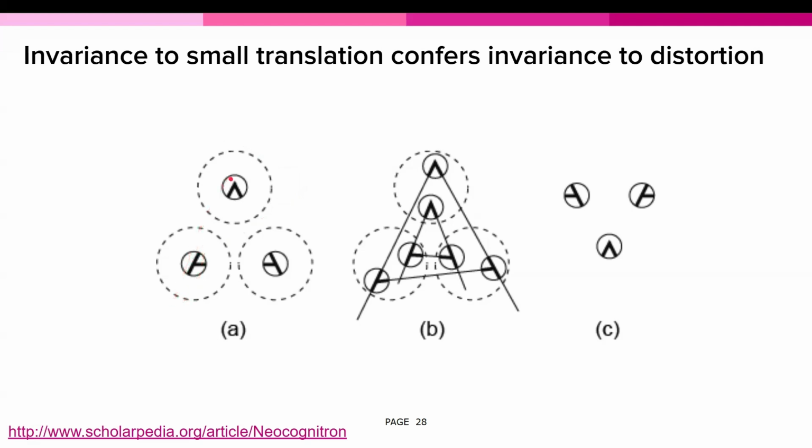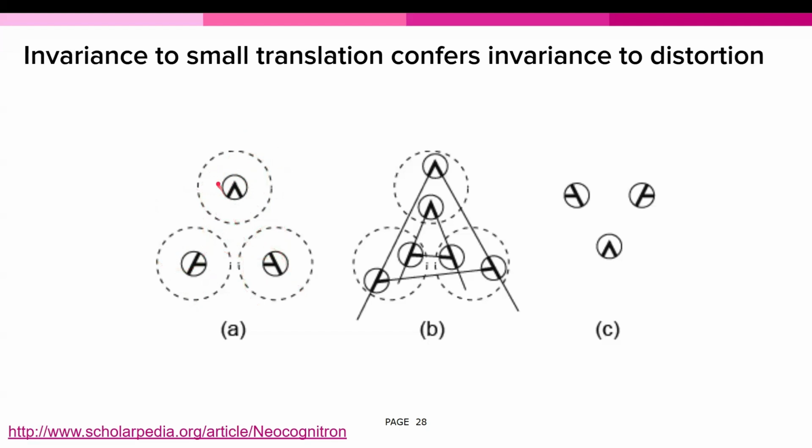So for example, if we had an intermediate S cell that had been trained to recognize a specific pattern composed of three local features that are constituents of an input pattern corresponding to the letter A. These dotted circles indicate positional tolerance zones around each feature conferred by the C cell in that layer.